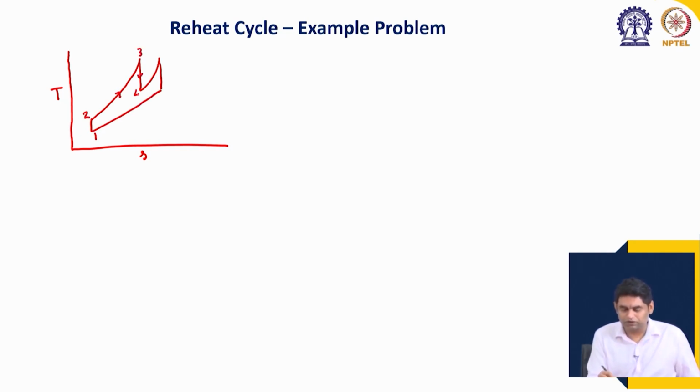1 to 2, 2 to 3, 3 to 4, 4 to 5. I am not repeating the names of the processes. At this point, it should be remembered by all of you. Okay. So, for the optimum condition, R A equal to R B, and because we know that R A into R B is equal to R, this is optimum.